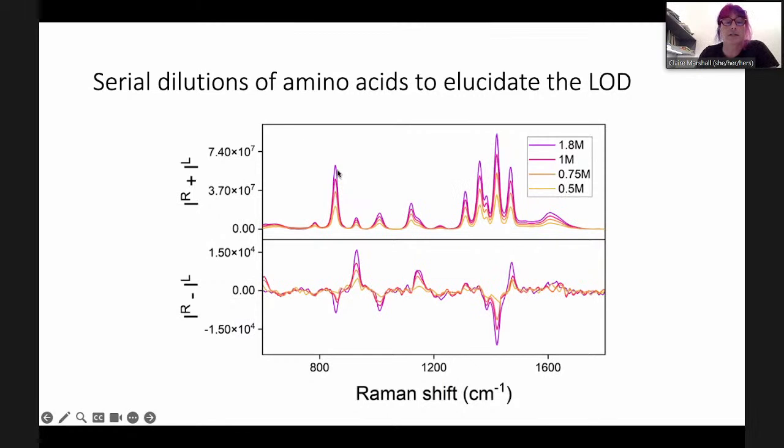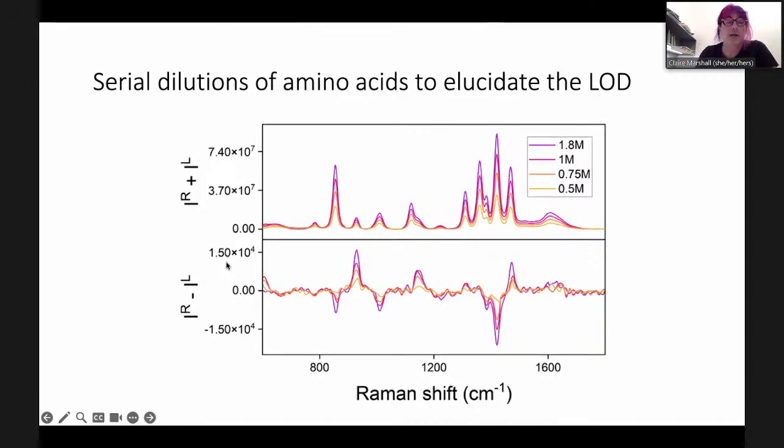And clearly, we get a reduction in signal with decreasing concentration. And here at 0.5 molar with conventional Raman spectroscopy, we still have a reasonably good limit of detection. We could still see nice resolved weak to moderately and strong intense Raman bands.